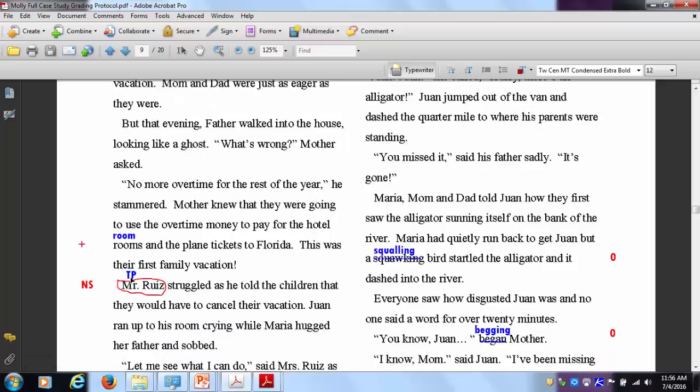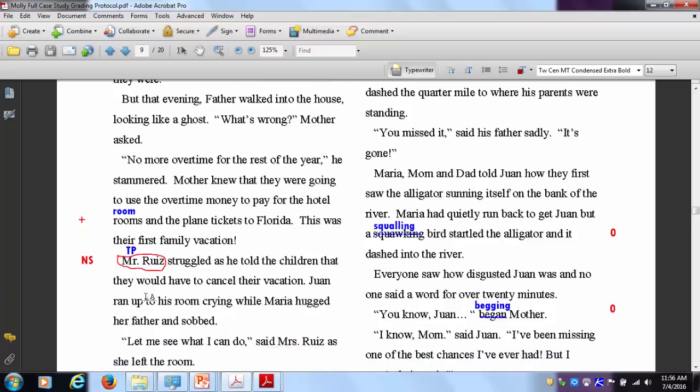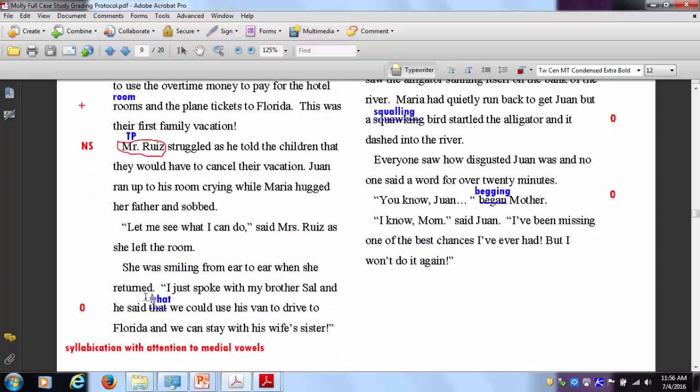Now, even though this was teacher provided, you should not have counted it as a score. It's non-scorable. It's a personal pronoun, rather, a person's name. Moving on, substituting what for that in the sentence, my brother Sal said, rather, my brother Sal, and he said that we would.